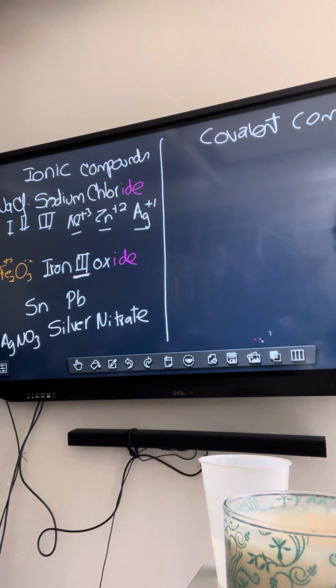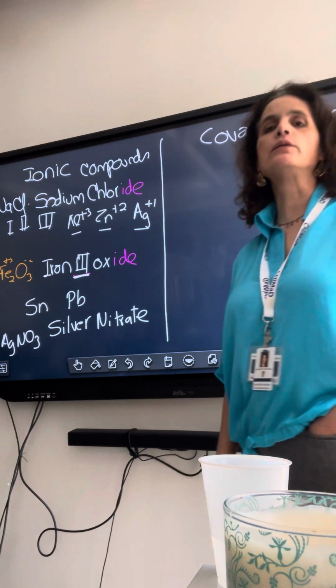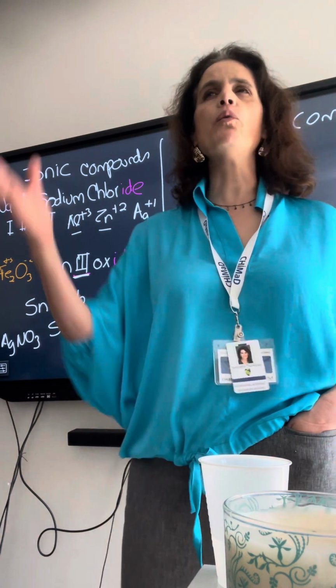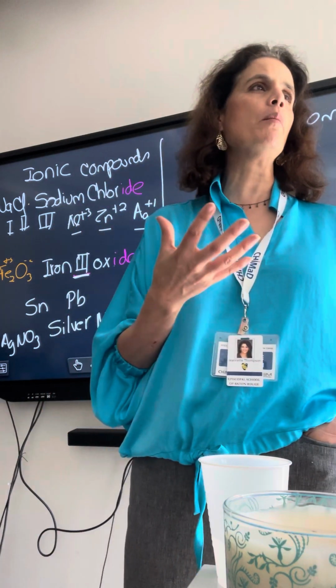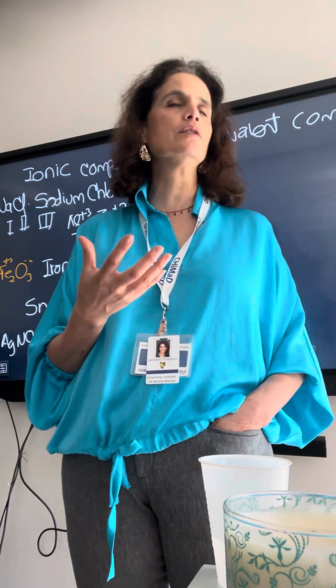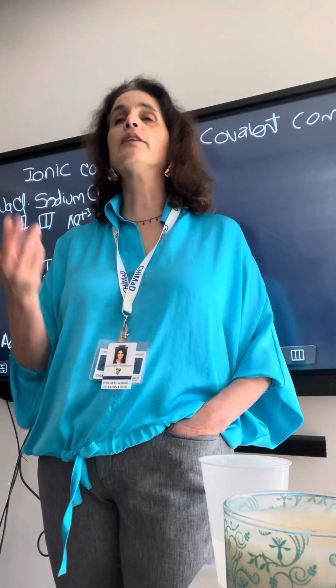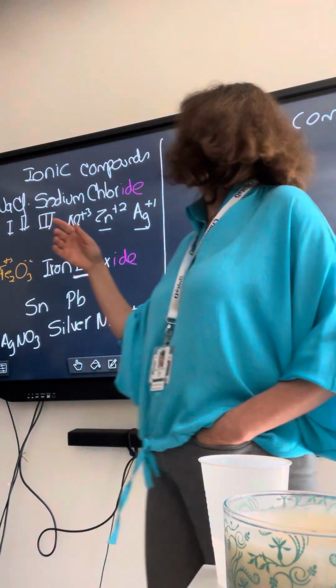Now, covalent. What compound did I want everybody to always think of when you're thinking covalent? If we were thinking properties, what compound did we talk about? There are two compounds we talked about. Sugar is one of them.